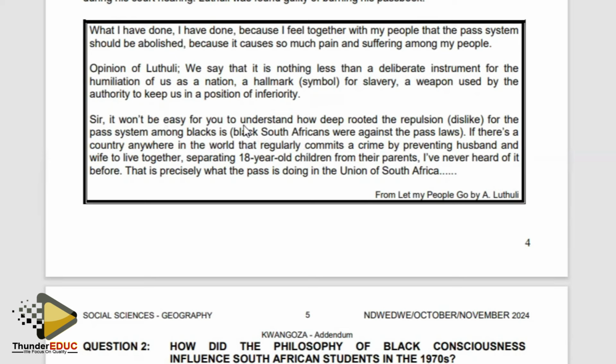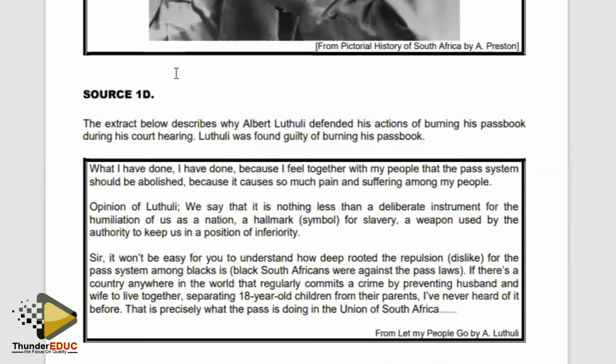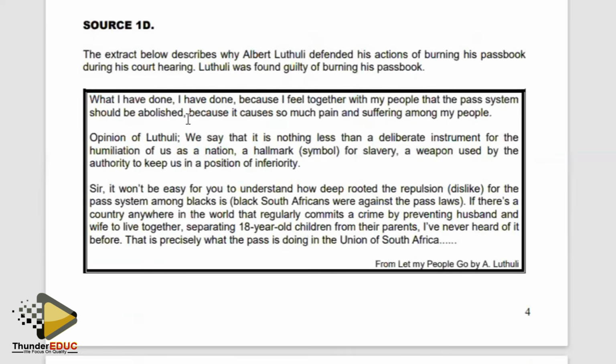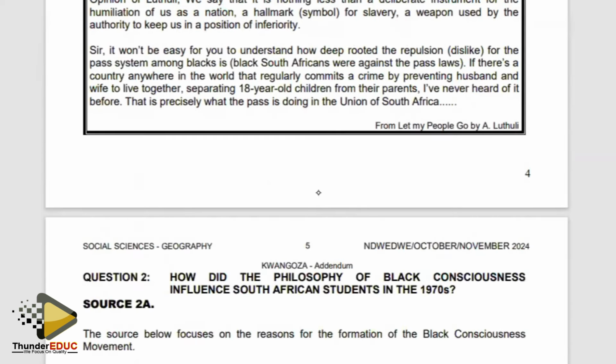So here we are going to come here and highlight. Okay, so we are getting a quote from here, from the source.